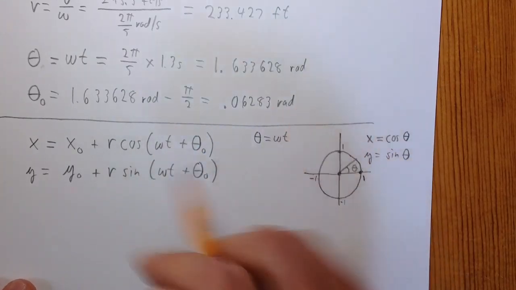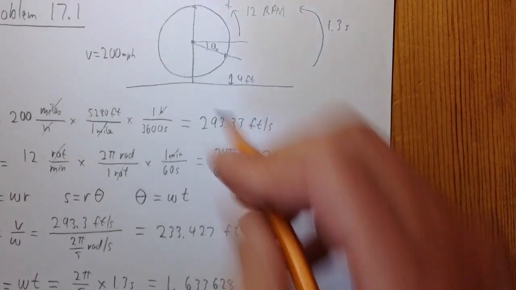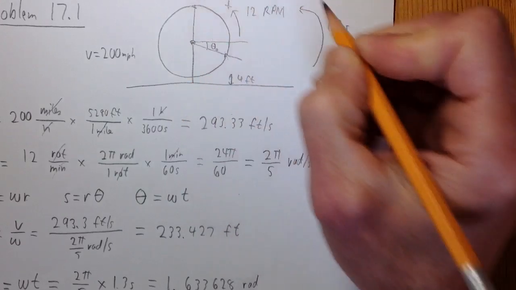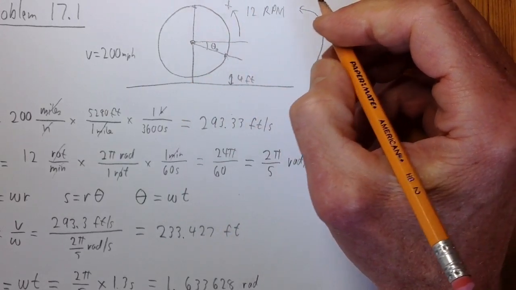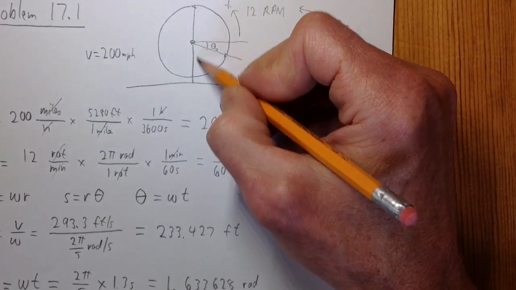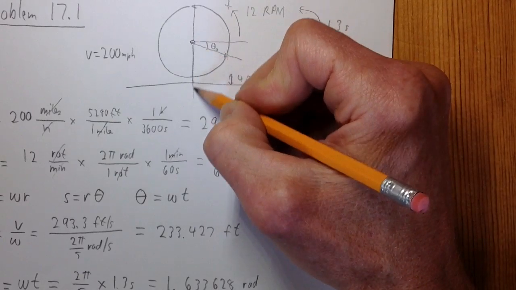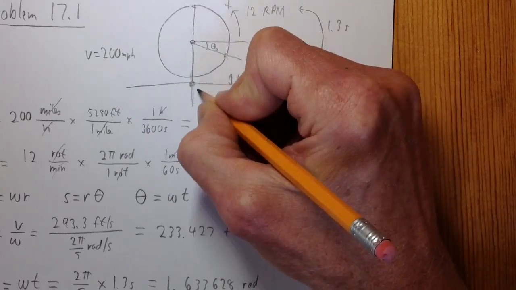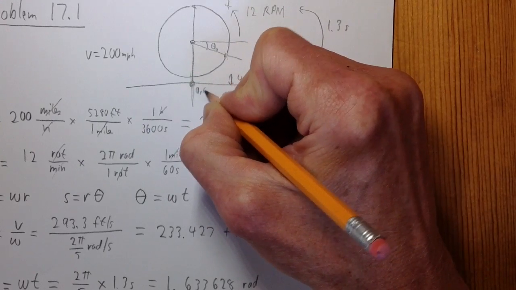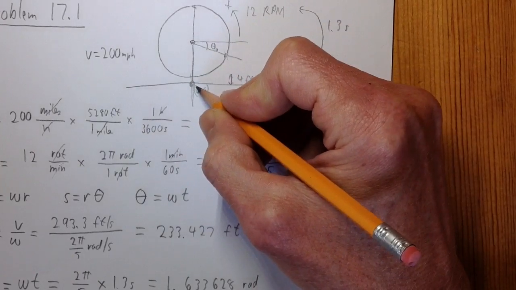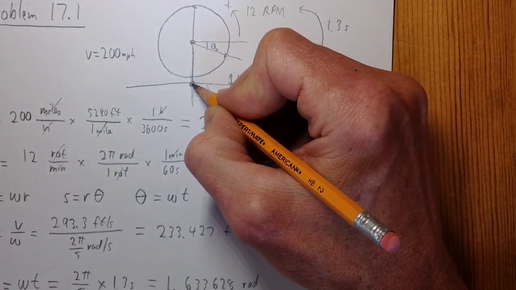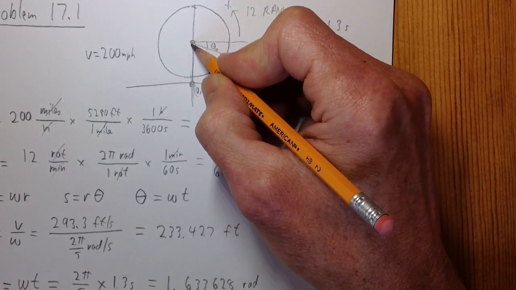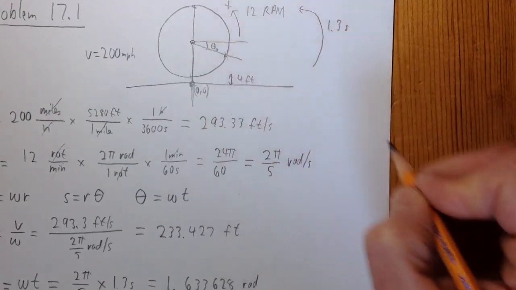So in this case, x0 is 0, because let's put our center of the circle right there. We'll have this being 0, 0 right here. That point there is our origin down here, which kind of makes sense. And so the x center of the circle is 0, but the y is the radius plus 4.